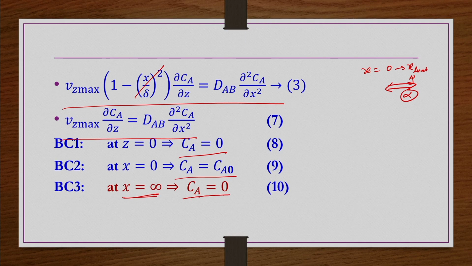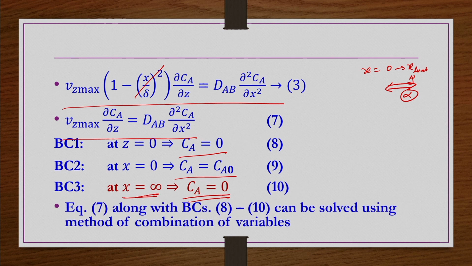If they cannot go there, their concentration at that location is 0, Ca equals 0. This we have also explained pictorially.